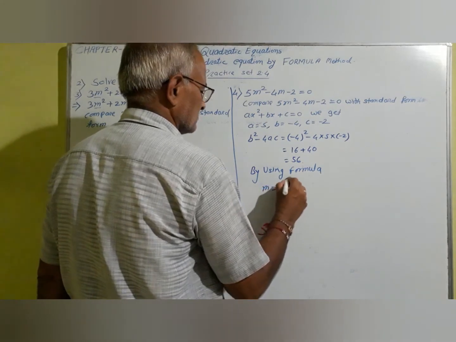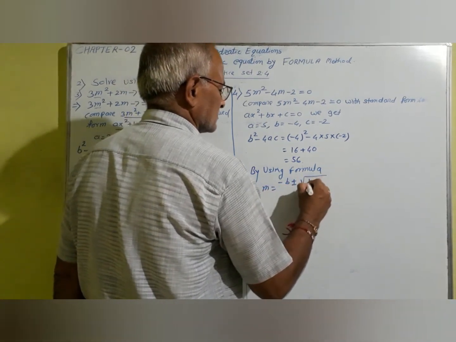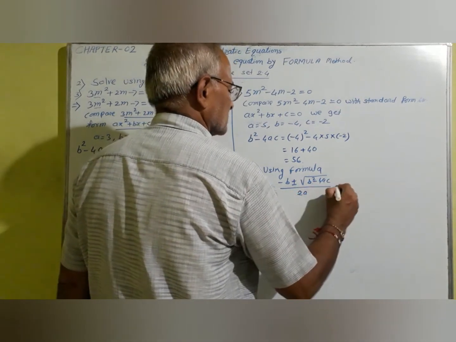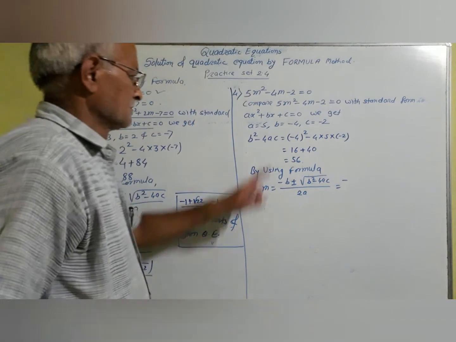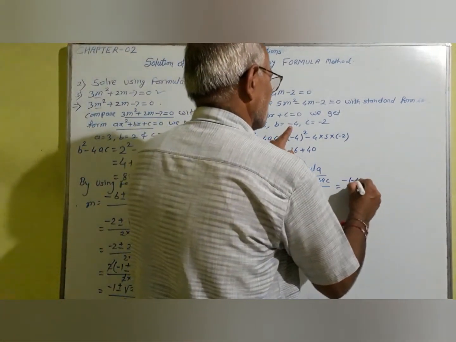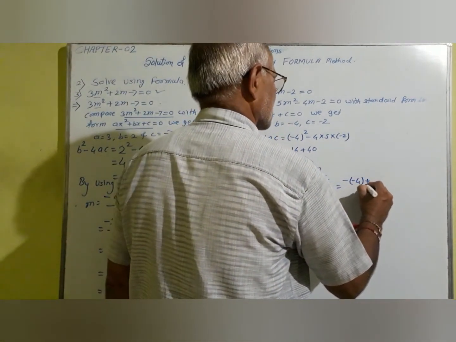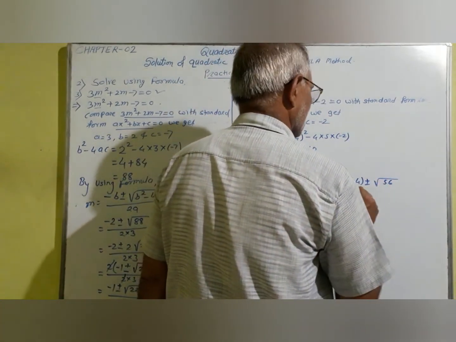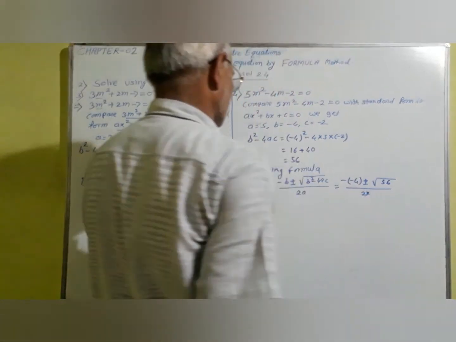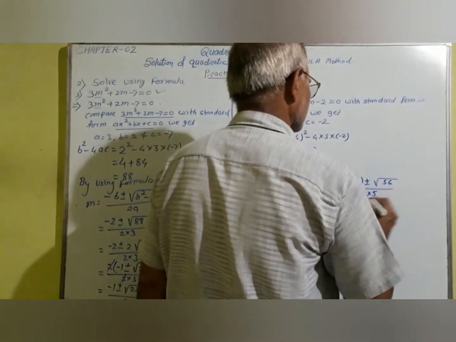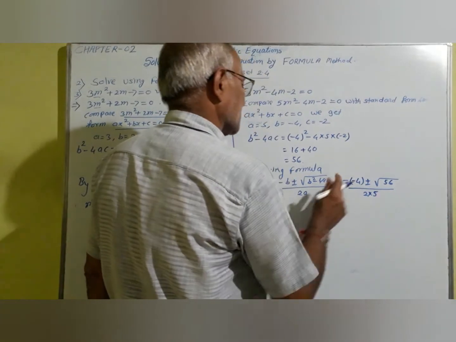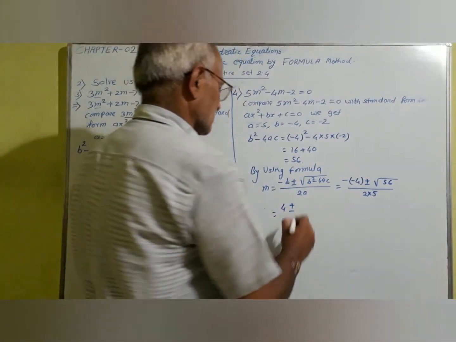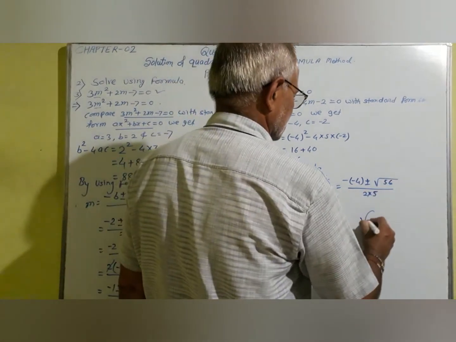m is equal to minus b plus or minus square root of b square minus 4ac upon 2a is equal to minus b means minus minus 4 plus or minus square root of 56 upon 2 multiplied by a means 5, that is equal to 4 plus or minus square root of 56.